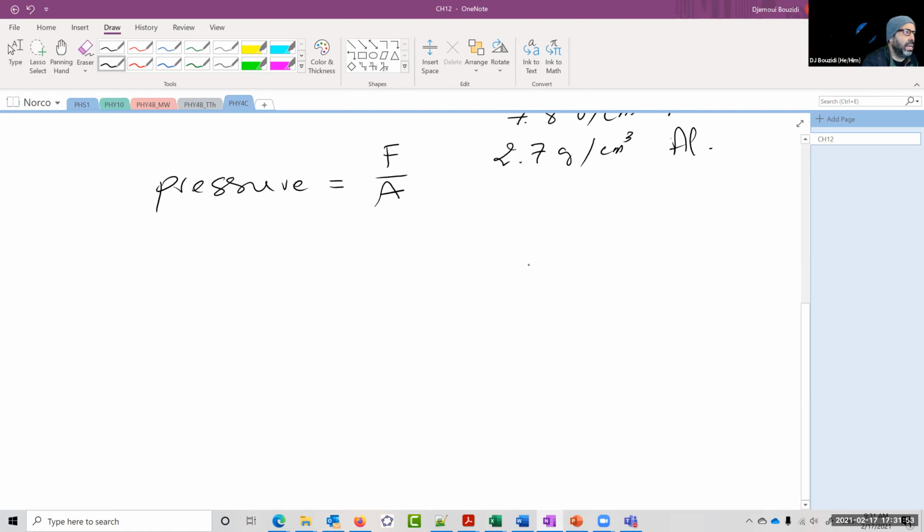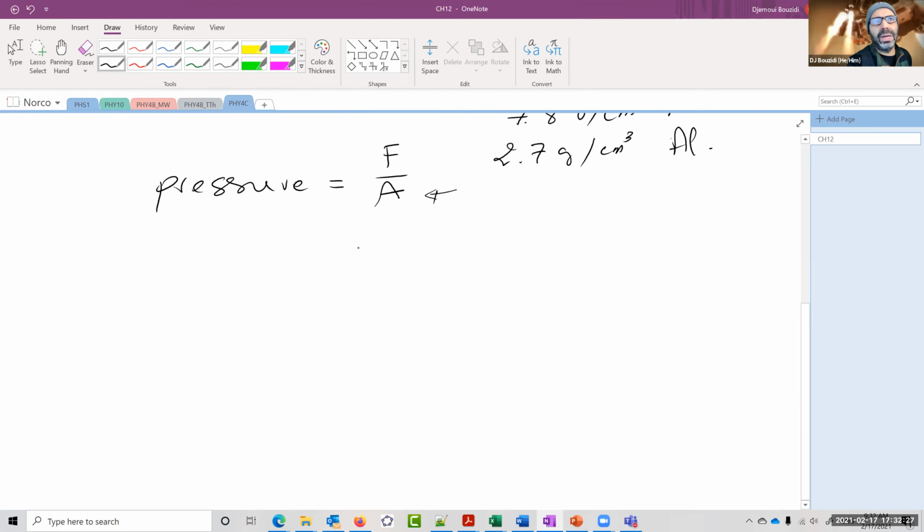Okay, so basically, pressure is what you get if I exert a force on a specific area. That's what you see probably when some people lay, for example, on nails. If you exert a lot of force on a nail, that's why it punctures, because it exerts a lot of pressure. But if you have a large surface, for example, an elephant with very wide legs, then that exerts less pressure because the area is big. So when the area is big, there is less pressure. Okay, so that's how the concept of pressure comes about.